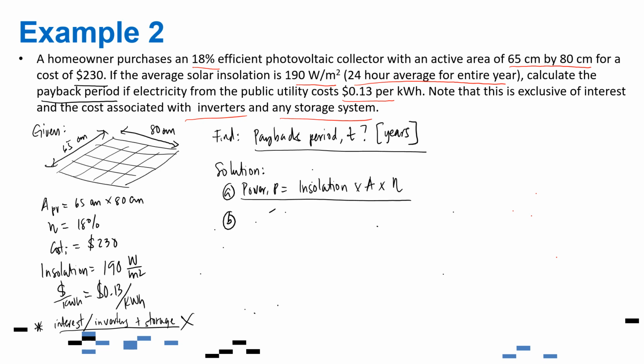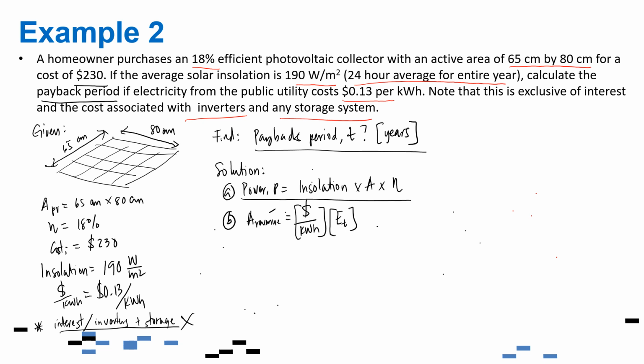Letter B, the next step is to get the value of the annual revenue. So we need to know the annual revenue. The annual revenue is equal to the price of the electricity per kilowatt hour times the total energy produced.